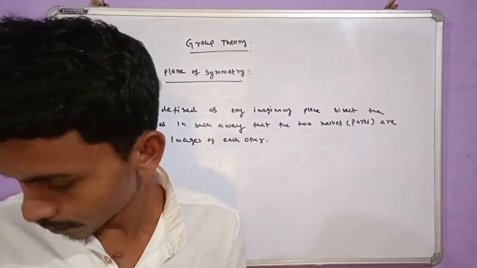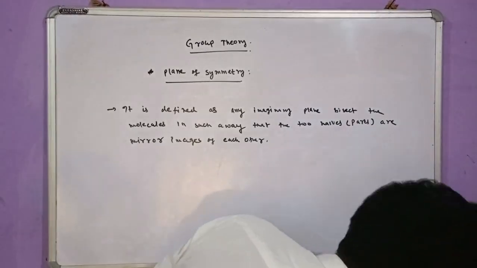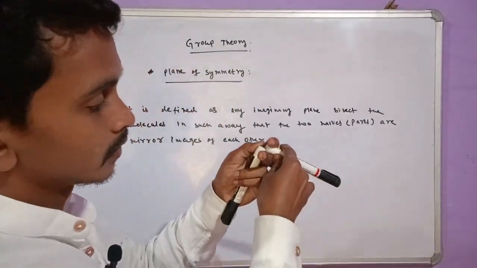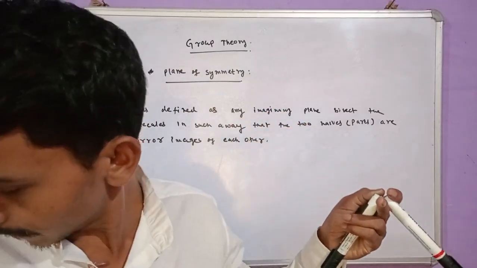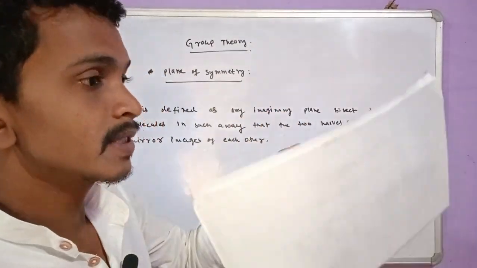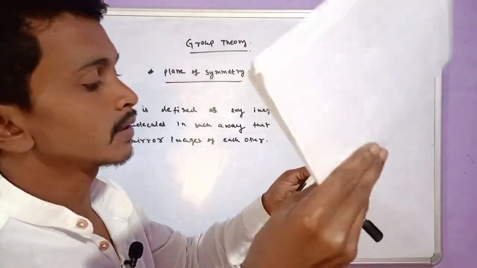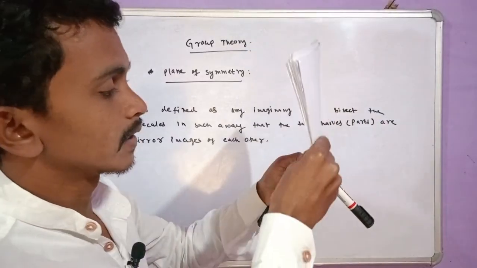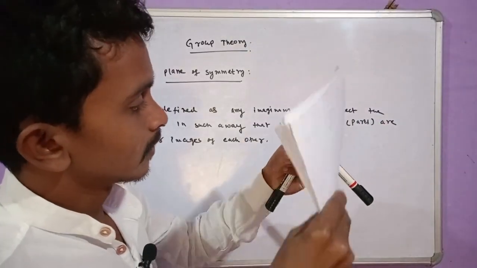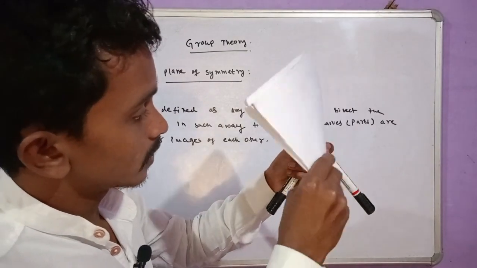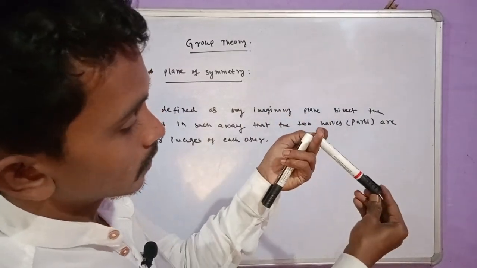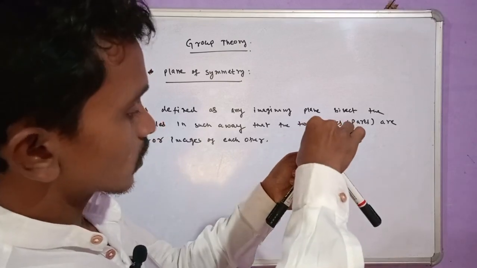Let's say we take a molecule, for example water, and I pass a plane, which means a mirror, through it. This is water, this is H, this is H, this is oxygen.